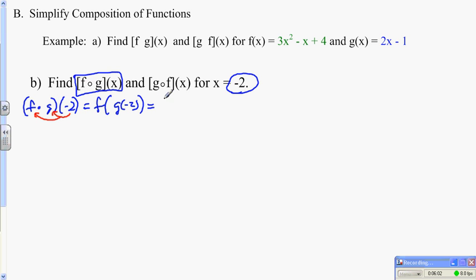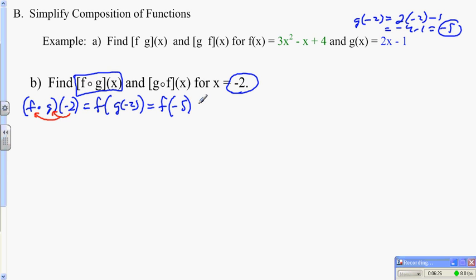So this is equal to f of, now g of negative 2. G of negative 2 means we'll take 2 times negative 2 minus 1. That's negative 4 minus 1, in other words, negative 5. So g of negative 2 is negative 5.